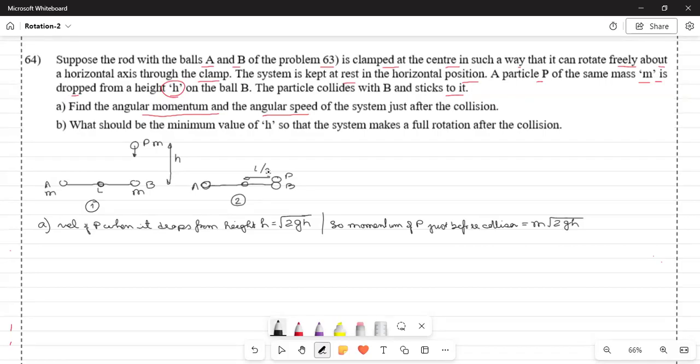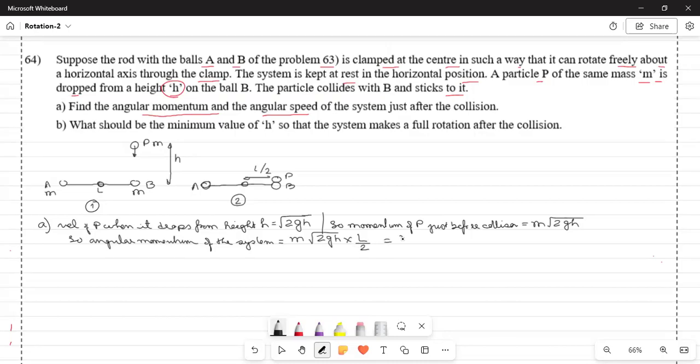Total length was L. So, the angular momentum of the system is equal to the linear momentum m under root 2gh multiplied by the distance L by 2.